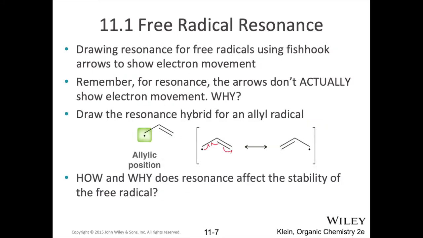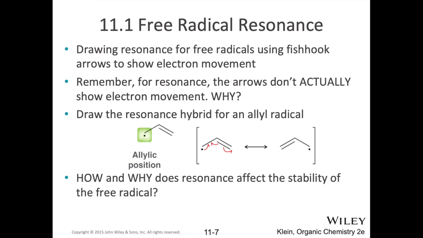Okay, so another thing to consider when it comes to radicals is that we have allylic stability. So we've seen this with carbocations and carbanions, where if you have your charge in the allylic position, that's one bond away from a double bond, you have a resonance stabilization there.